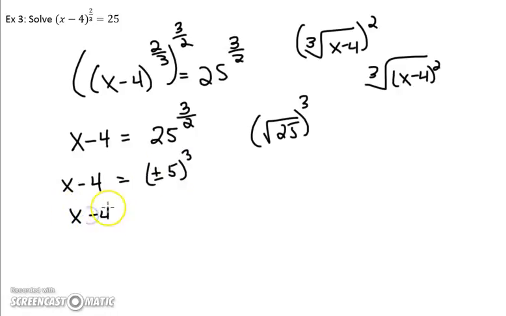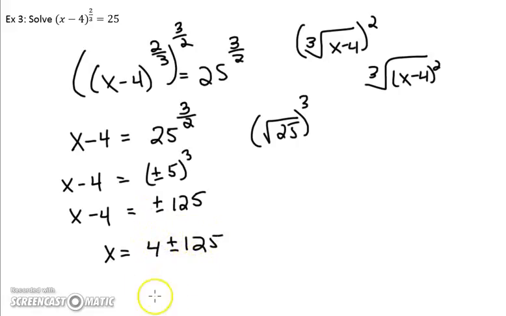So x minus 4 equals plus or minus 125, because a negative times a negative times a negative still gives us that option to have a negative here. So x is going to equal 4 plus or minus 125. And again, in the interest of time, I'm going to leave that up to you. You can surely add 125 and subtract 125 and check your answers to make sure they both work.